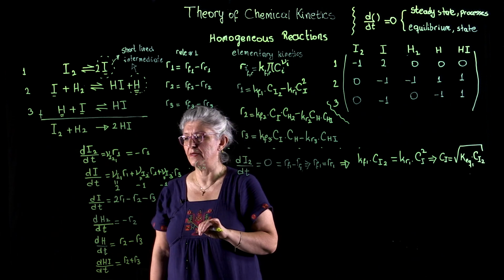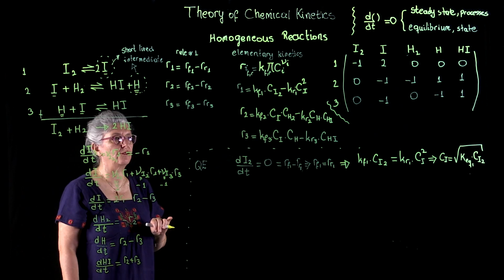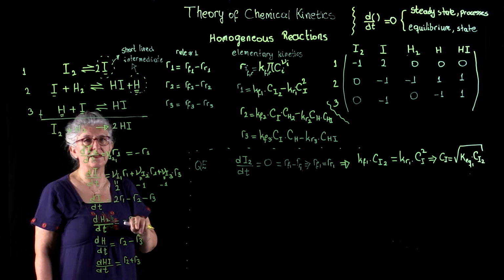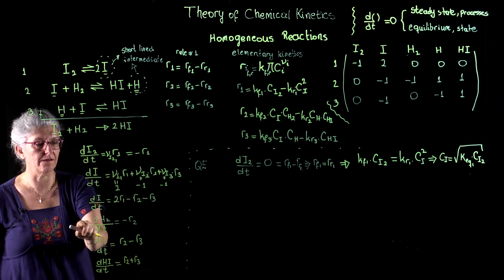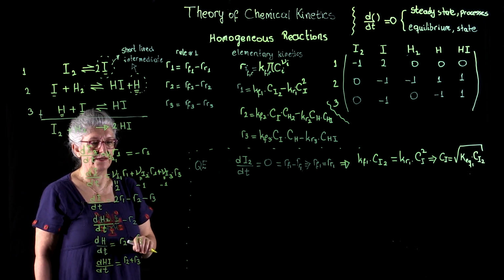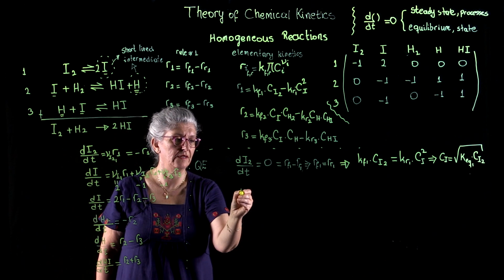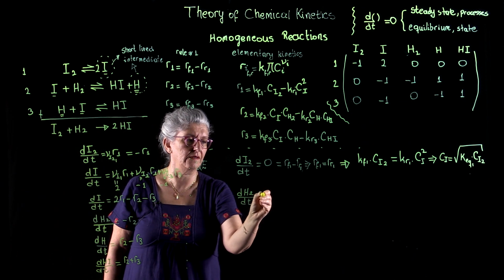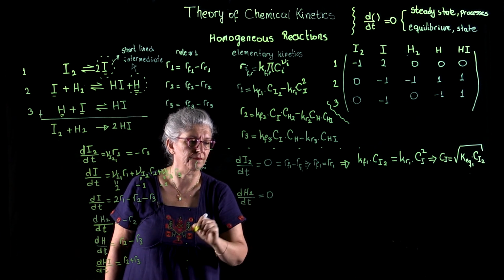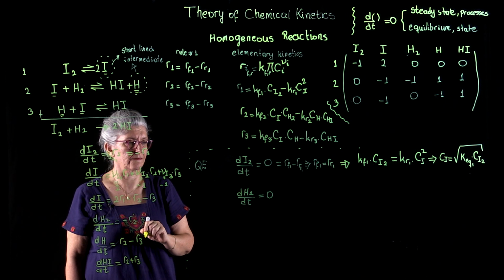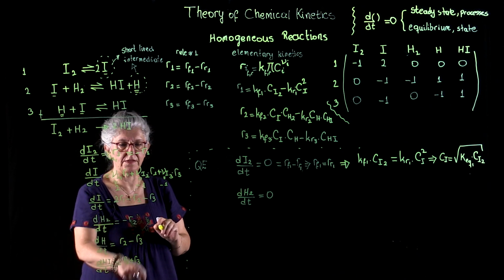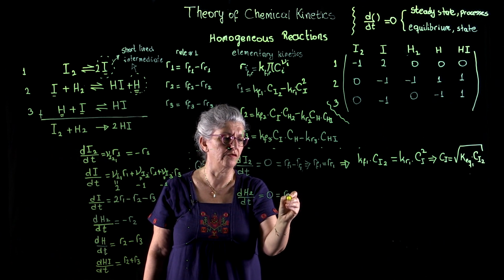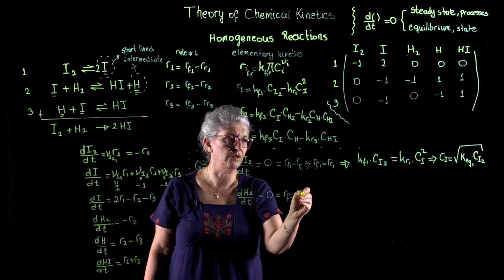Now let me see if I can do something similar for the steady state concentration of hydrogen. dH/dt is equal to 0. dH2/dt is equal to minus R2, or it is R forward 2 minus R reverse 2.